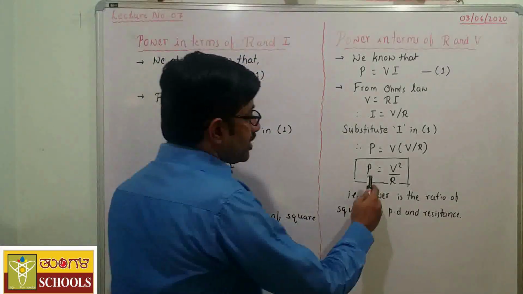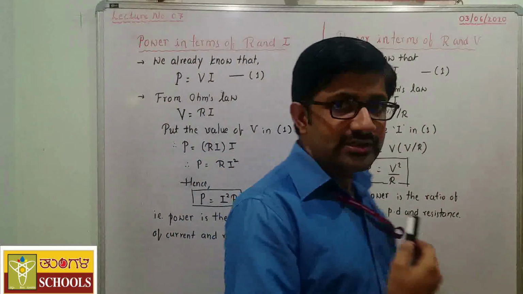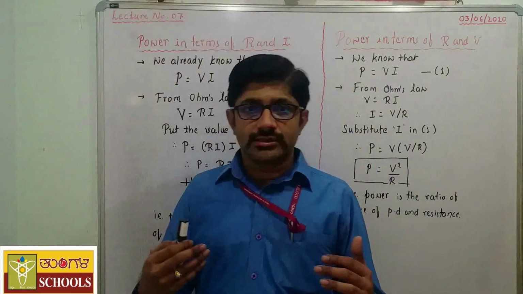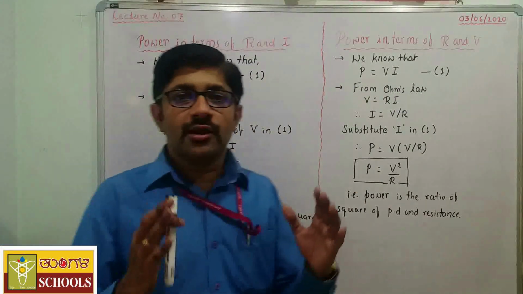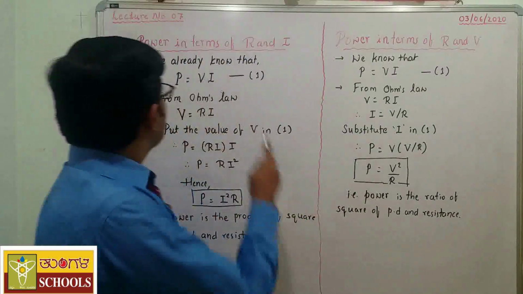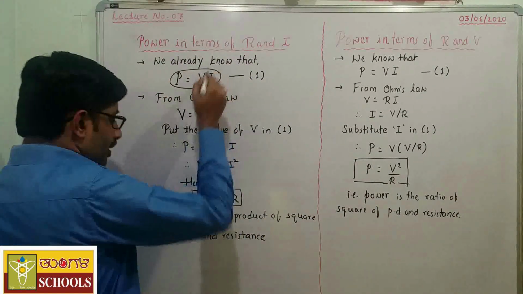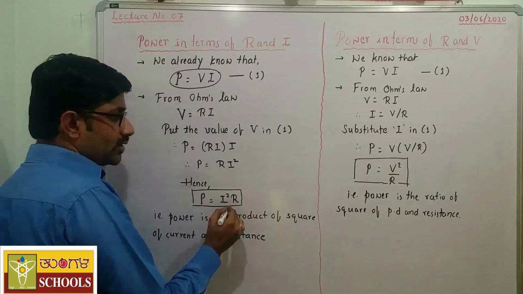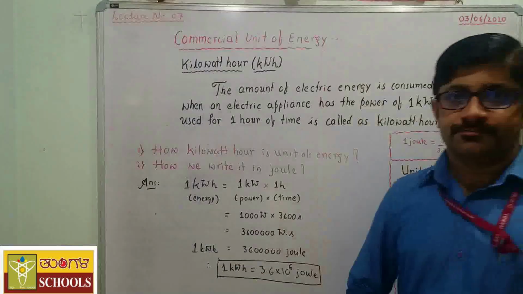Here we wrote P is equal to V square by R, in terms of potential difference and resistance. Okay, so take care of these three formulae. That is P equal to V into I, P equal to I square into R, P is equal to V square by R.